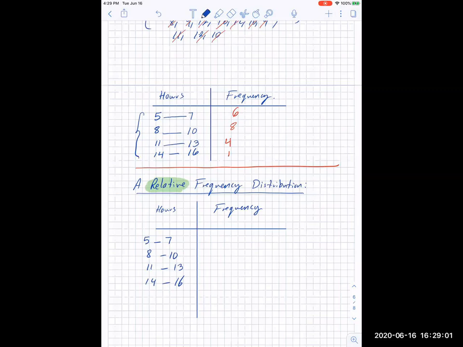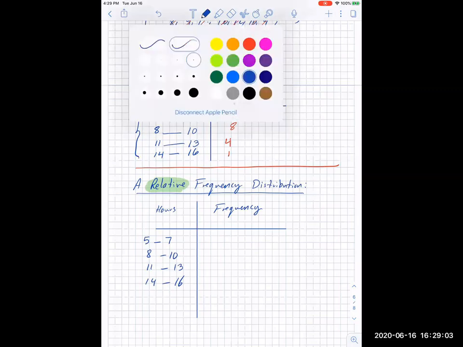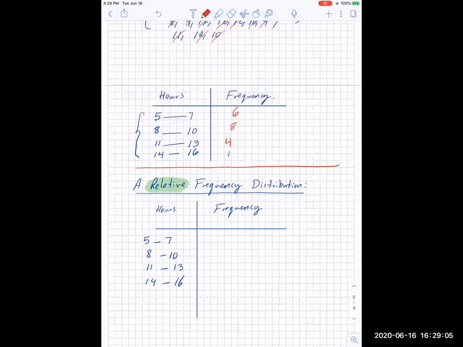Now, I'm going to add one thing here, guys. I'm going to add the word relative to the next column, relative frequency.